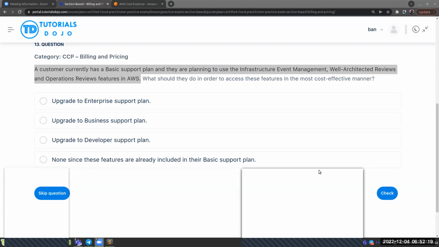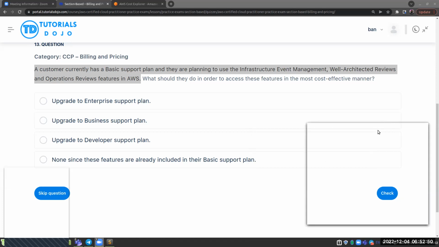So what is happening in this question? A customer is currently planning to use the infrastructure event management, well-architected reviews and operational reviews features in AWS, in the most cost-effective manner.